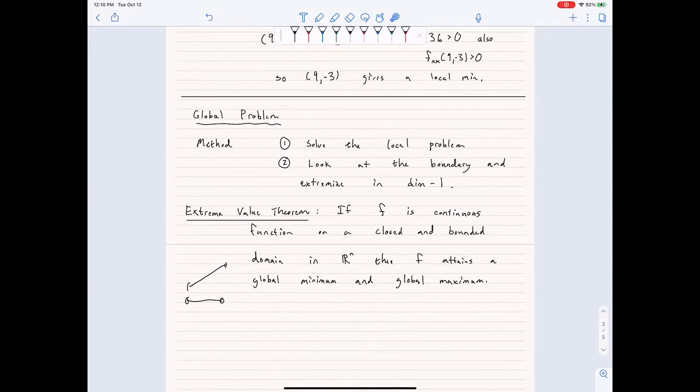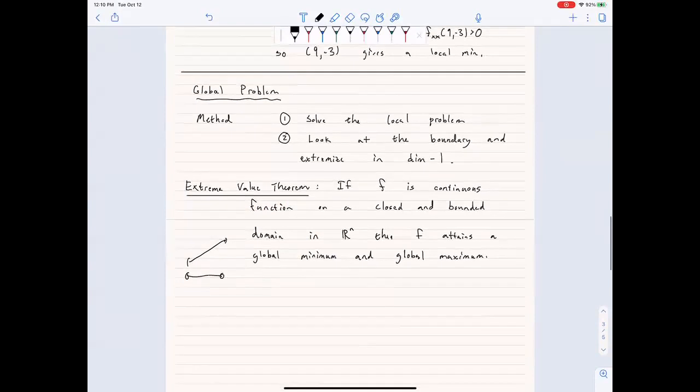So there's no actual global maximum attained. And if you're not bounded, you have pictures like this that will never reach a maximum, or that could just go up forever. So if you're on a closed and bounded domain, you're in good shape. And we can actually pursue this method.